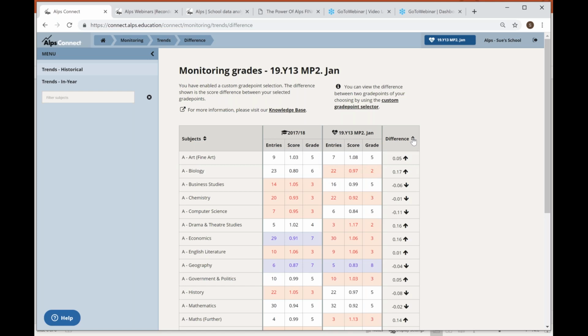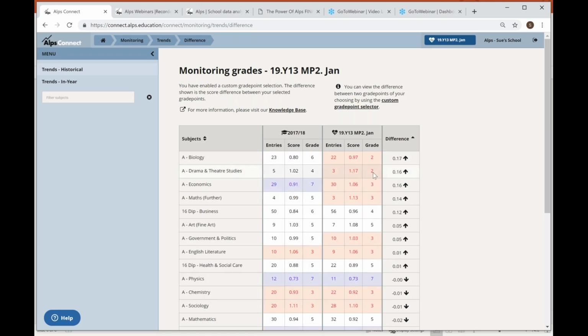I can sort by the highest difference. So probably I've got some real concerns over maybe the top 4 or 5 departments in my school, and I want to have some conversations around their accuracy of predicting.